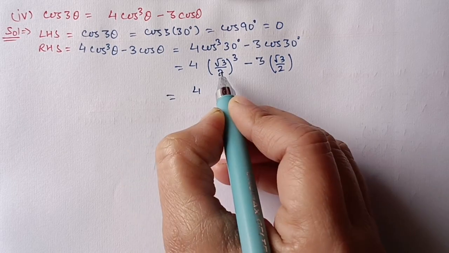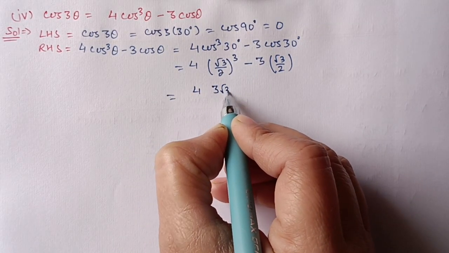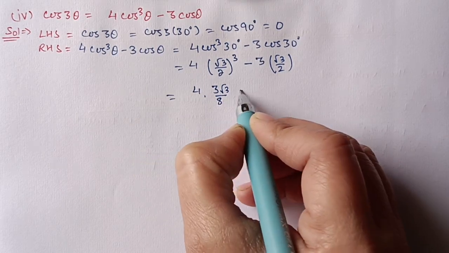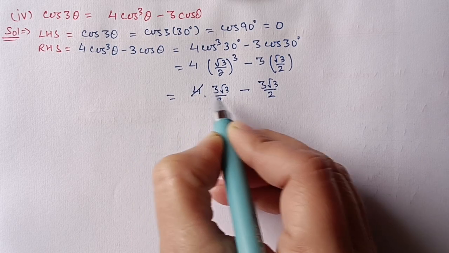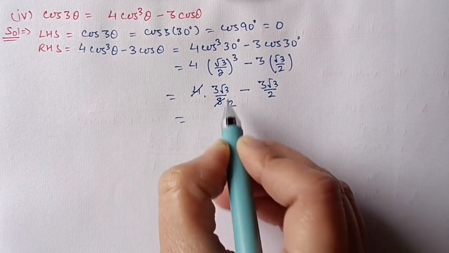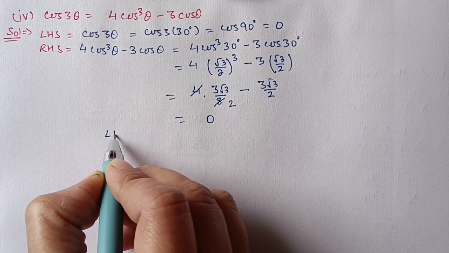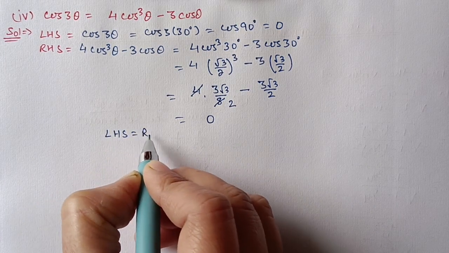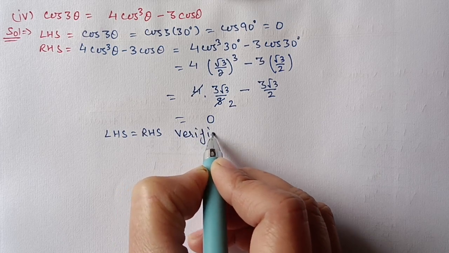Here 4, and after doing the cube we will get 3 root 3 upon 8, minus 3 root 3 upon 2. With 4 you can cancel out, and you can see both are the same, so after subtraction we will get 0. So left side and right side both are coming equal, hence it is verified.